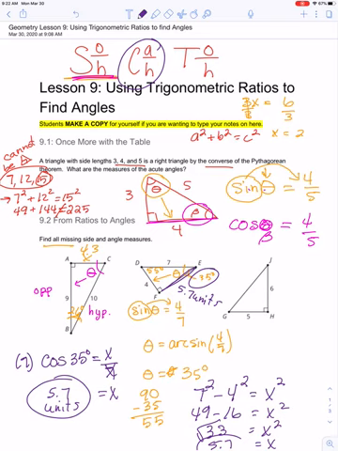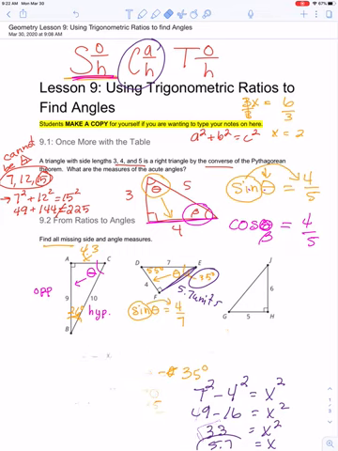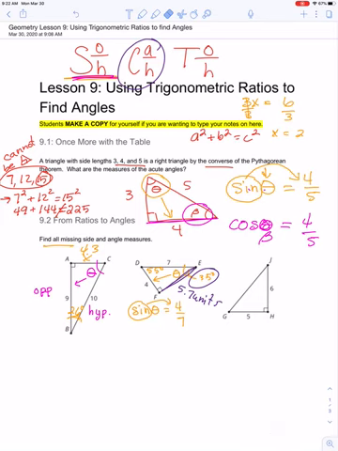So I'm going to do a quick check, just make sure we're understanding. I'm going to erase this. So again, pause it at this moment if you haven't written all this down. Let's think about what we've just talked about.